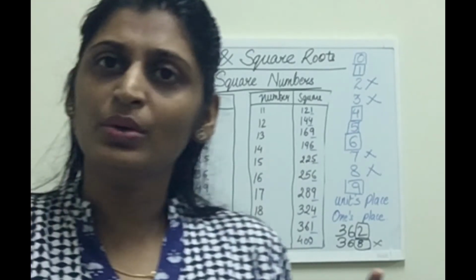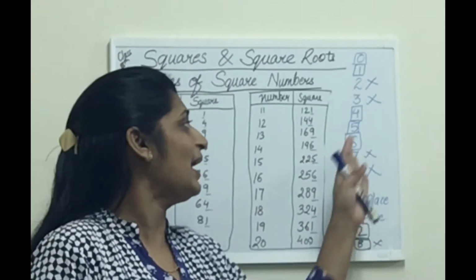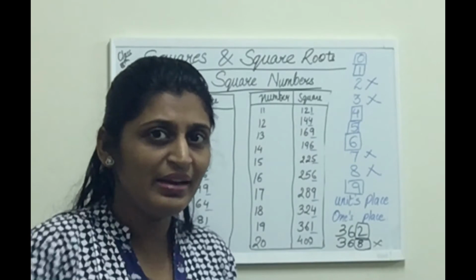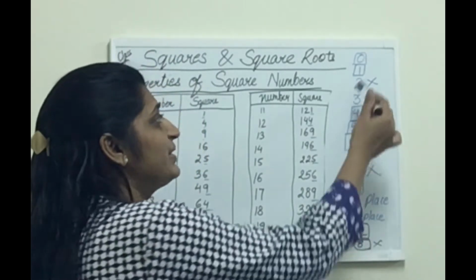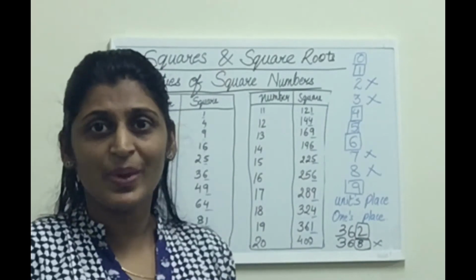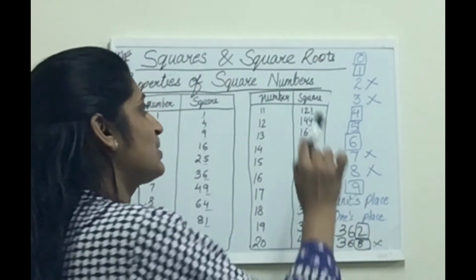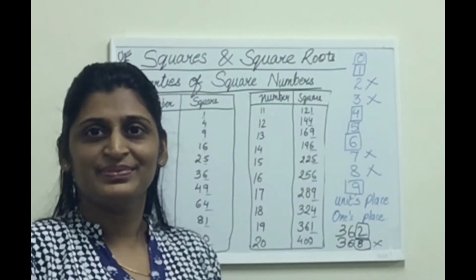If given to you at one's place and being asked whether the number made by them at units place is a square number or not, you are smart enough now to reply. Even in a quick fraction of a second, you will say, no, they are not perfect squares. If asked why, you know that a square number can never end with these 4 numbers. Right?